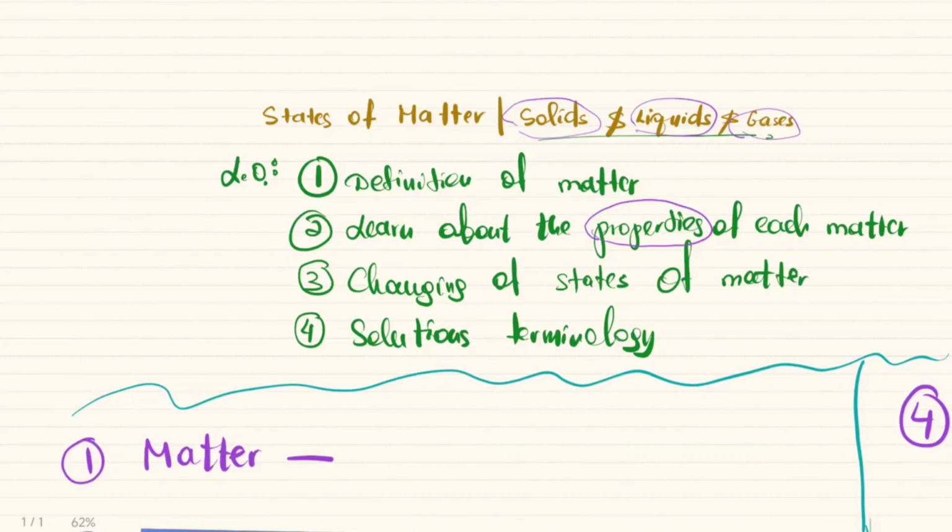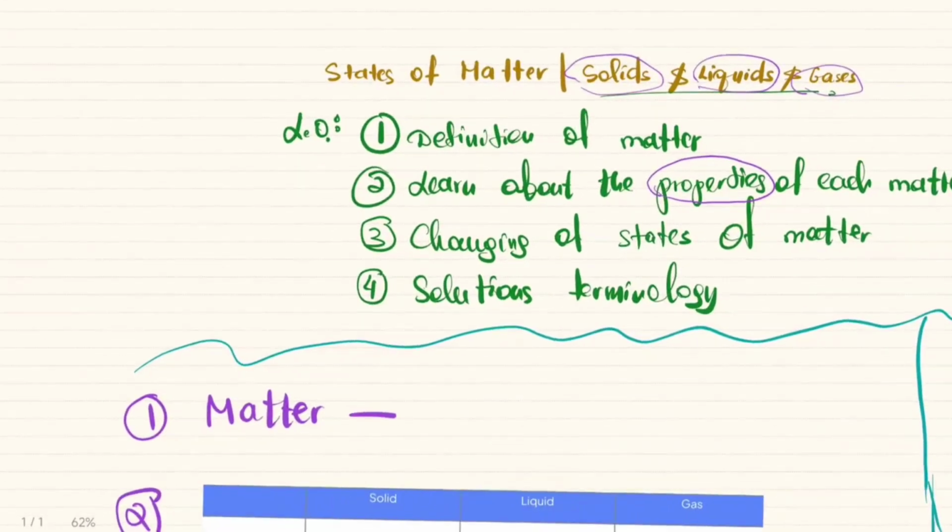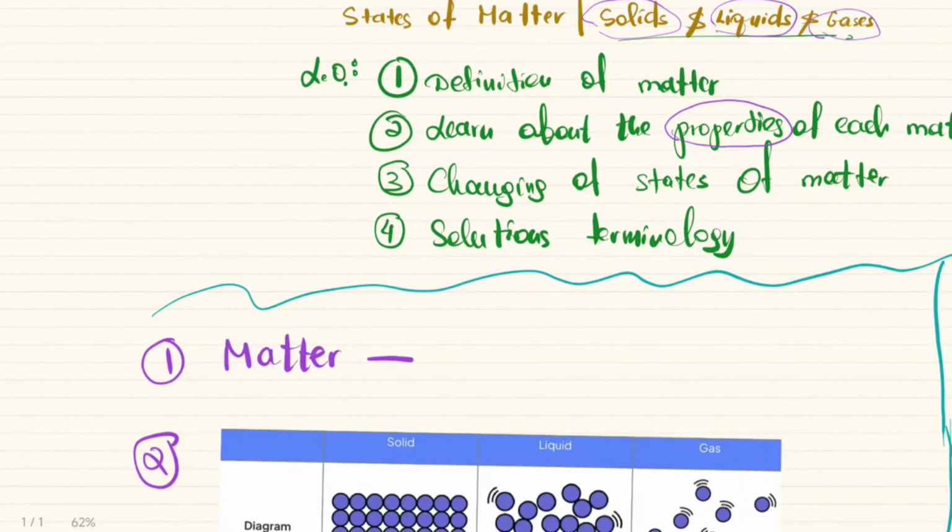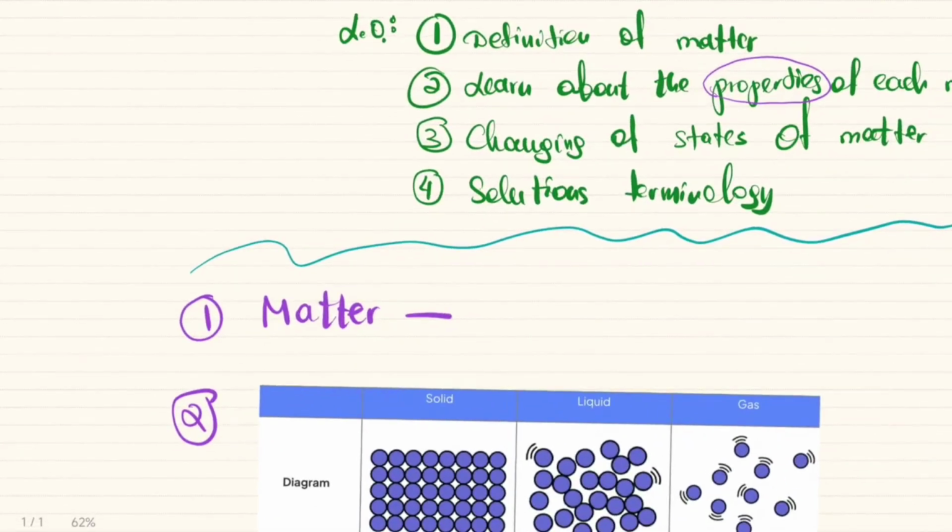So in here we will talk about key terms like solution, solvent, and soluble, such scientific terms which will really be needed throughout your chemistry journey. And what is matter?